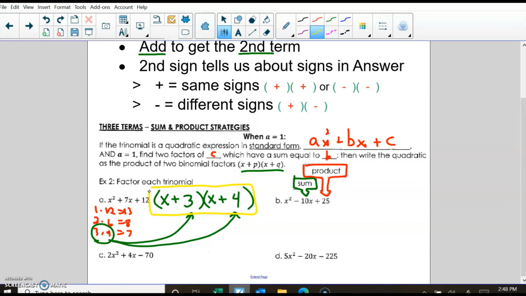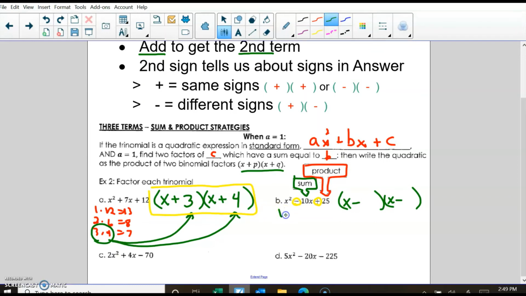Something very similar in the B problem. In the parentheses, we start off by using x and x. We see that the sign is positive, which tells us they're both going to be negative. Now there aren't too many factors of 25.